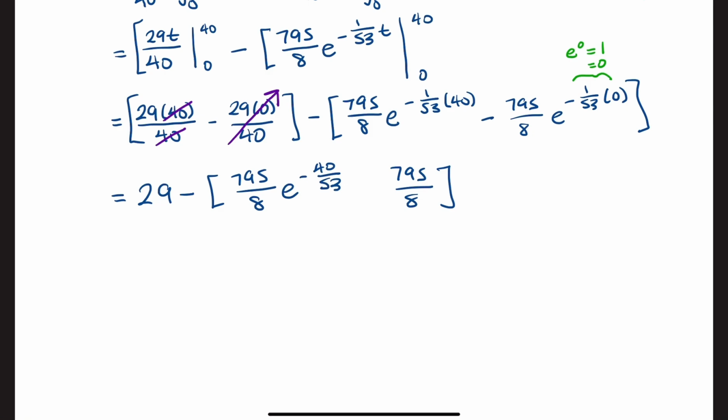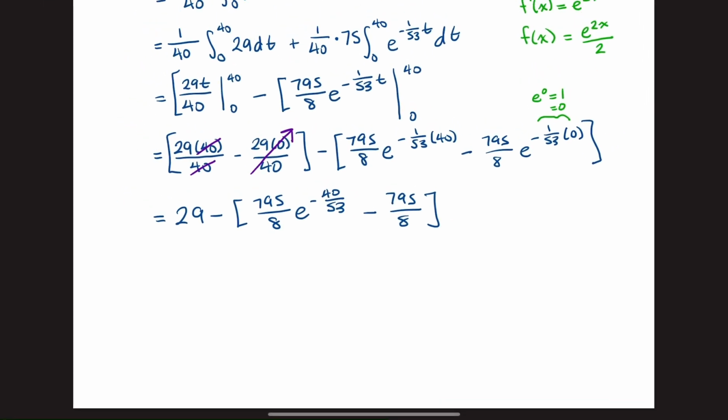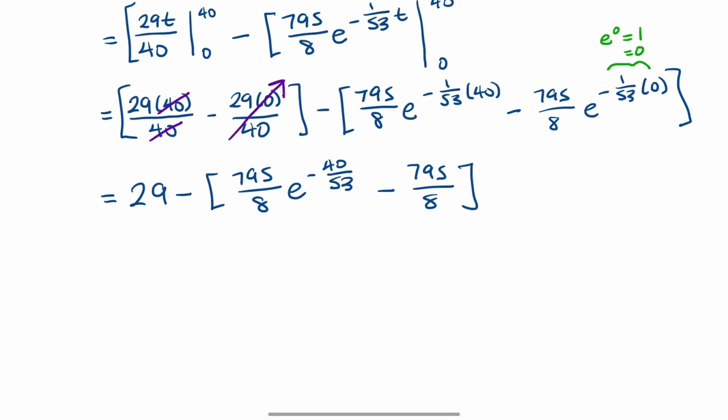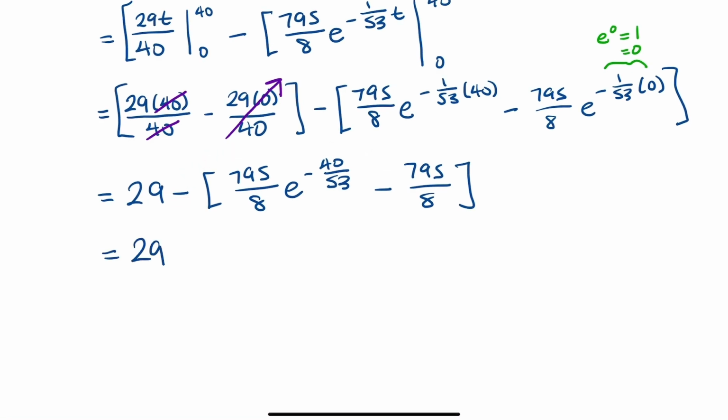Should be minus actually. And then we can simplify this even more by distributing the negatives inside the brackets. So we can say 29 minus 795 divided by 8 multiplied by e to the negative 40 over 53 plus 795 divided by 8.